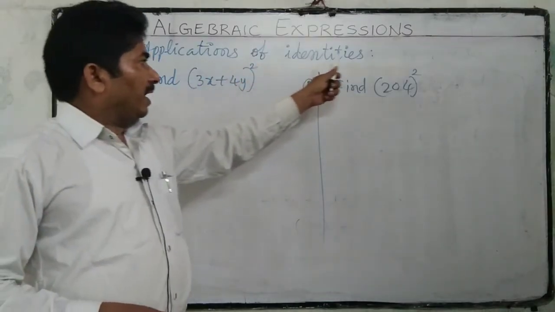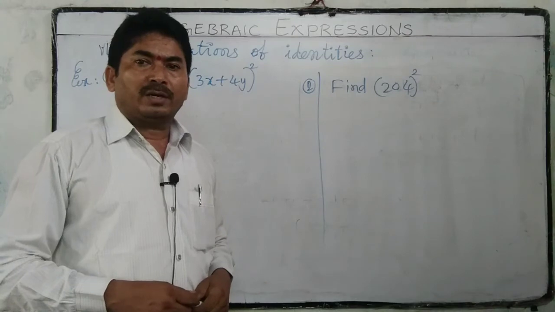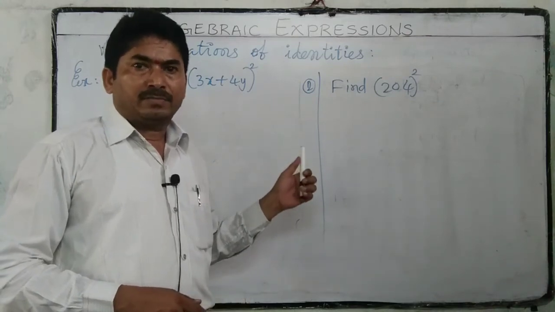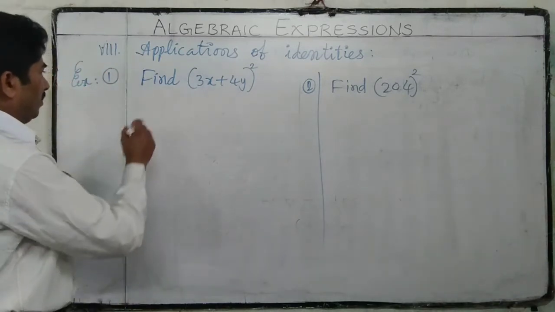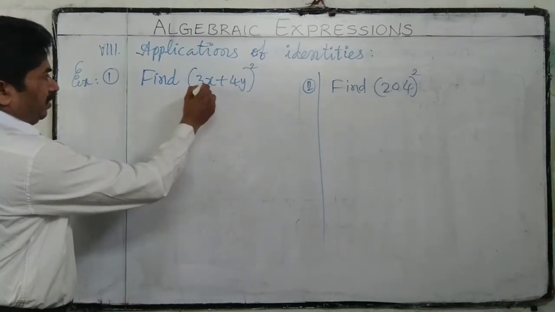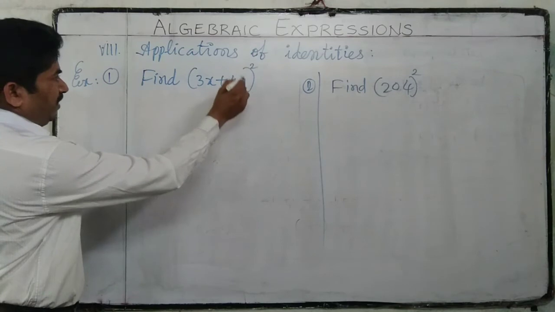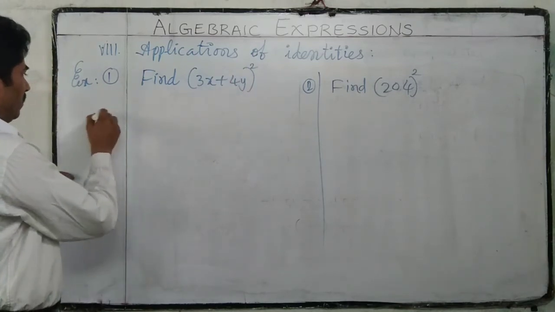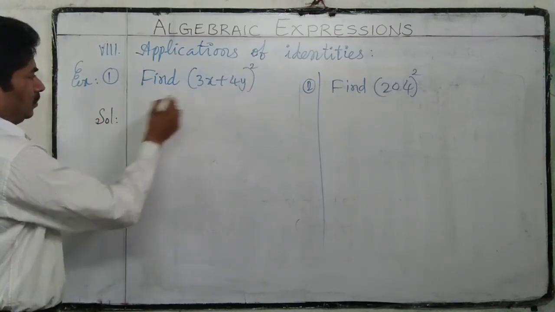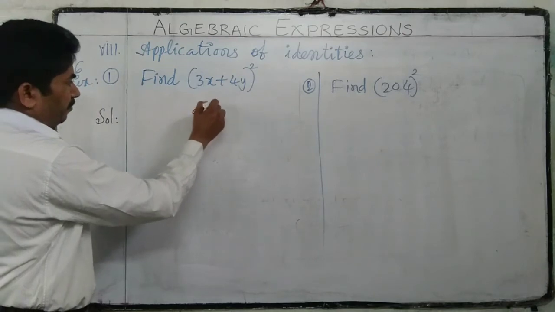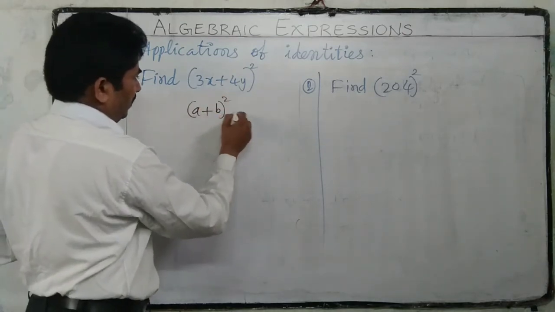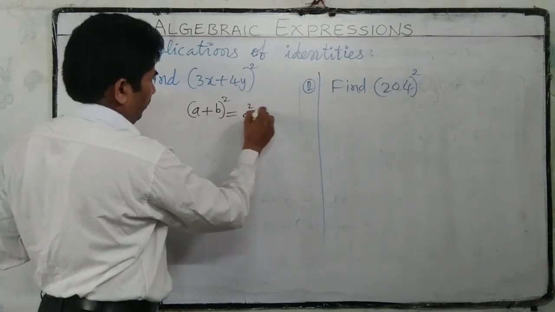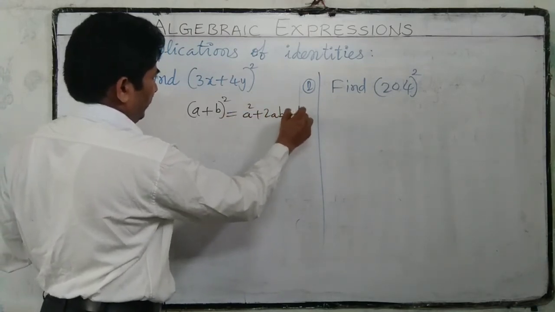Applications of identities. Using identities, we can solve these problems easily. Find 3x plus 4y whole square. It is in the form of a plus b whole square, so we can write a square plus 2ab plus b square.